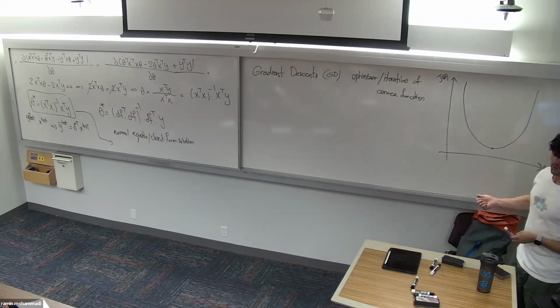In a closed form solution, we could simply take the derivative and solve for theta. If you cannot do that, it doesn't mean that you don't have a minimum point. You still have a minimum point that you want to reach, but you cannot reach it by taking the derivative and setting it to 0. So there's a technique called gradient descent.